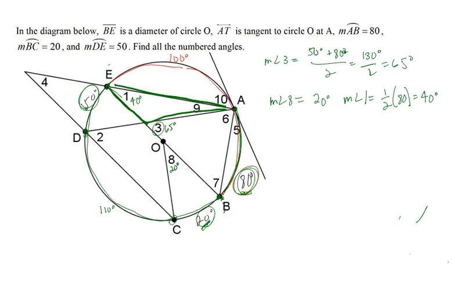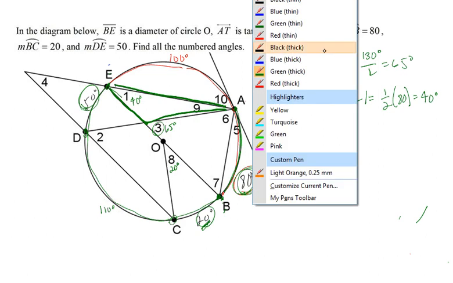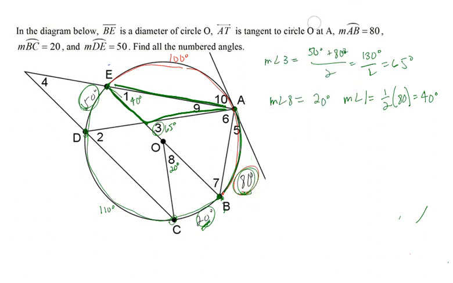Now I don't know two angles of it, but I do know that the exterior angle of a triangle is 65 degrees, and that the remote interior angles should add up to 65. Now I know angle 1 is 40. Angle 9 should give me that sum of 65 with the 40 degrees. 40 degrees plus what will give me 65? And that's 25 degrees. So angle 9 is 25 degrees.